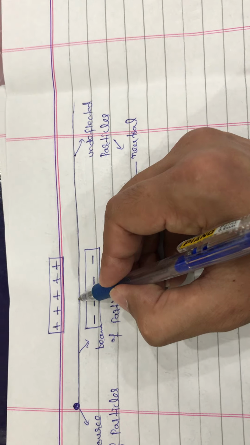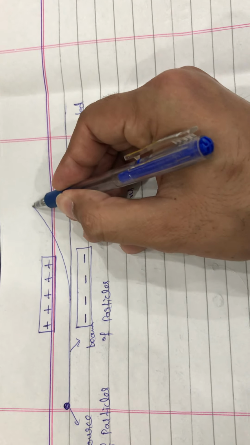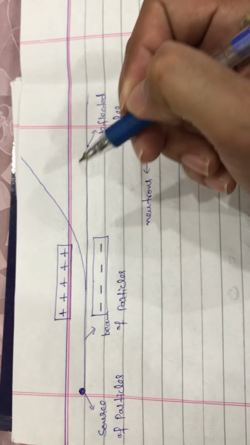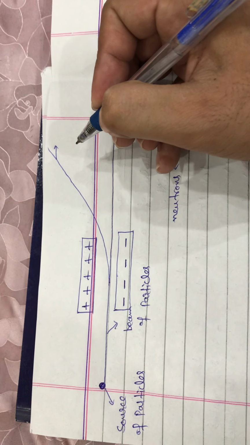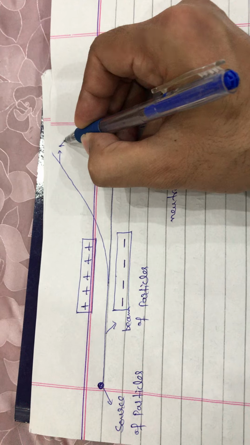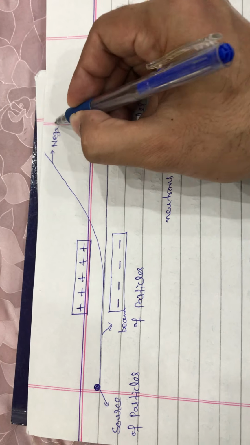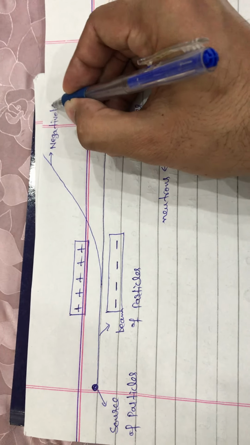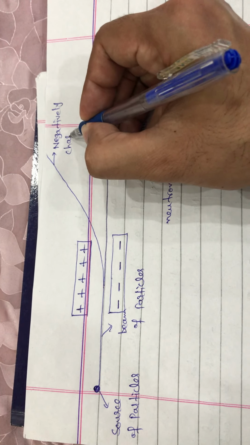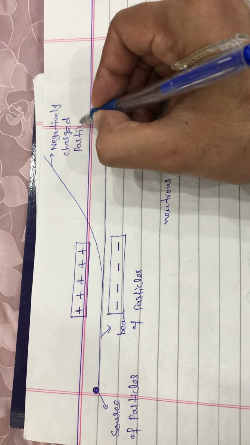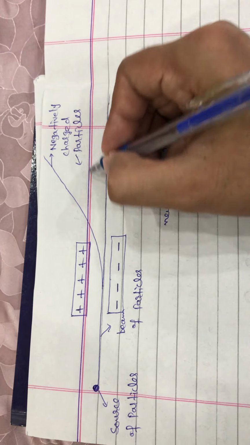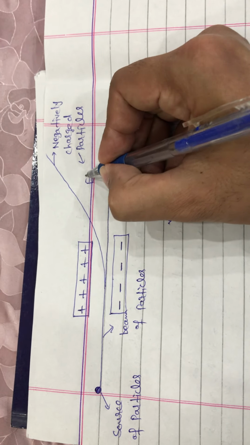Some of the particles are deflected towards, or attracted towards, the positively charged plate. So positive attracts the negative, so these are negatively charged particles, and negatively charged particles are electrons.